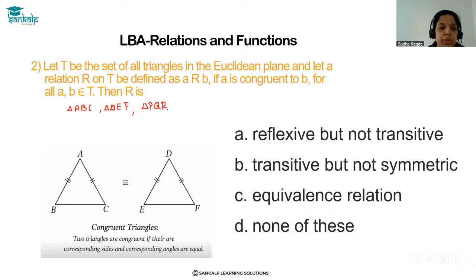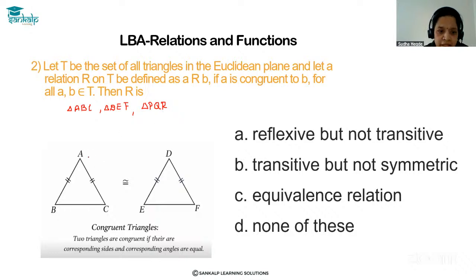What do you mean by congruent triangles? Suppose triangle ABC and triangle PQR are congruent. What do you mean by that? The corresponding angles and sides of ABC are equal to the corresponding angles and sides of PQR.